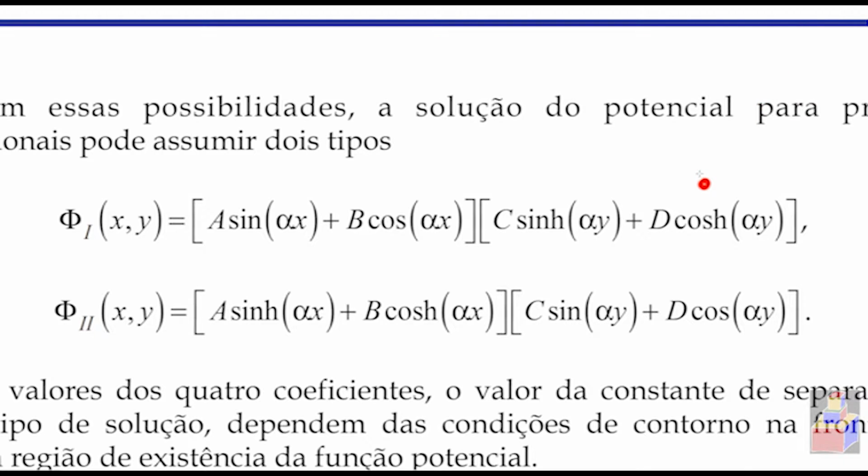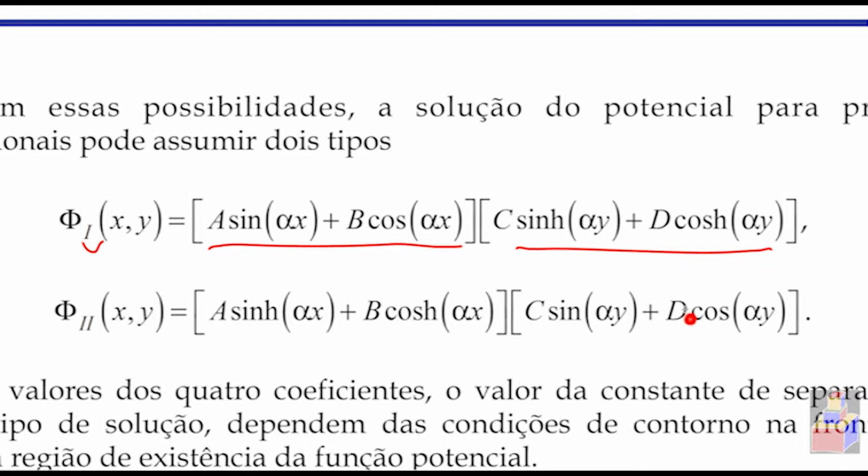So we're going to have the type 1 solution, which is traditional sine and cosine functions as a function of x, and hyperbolic as a function of y. And the type 2 solution, which is the other possibility, is a hyperbolic variation in x, and periodic variation in y, because those are periodic functions, okay?